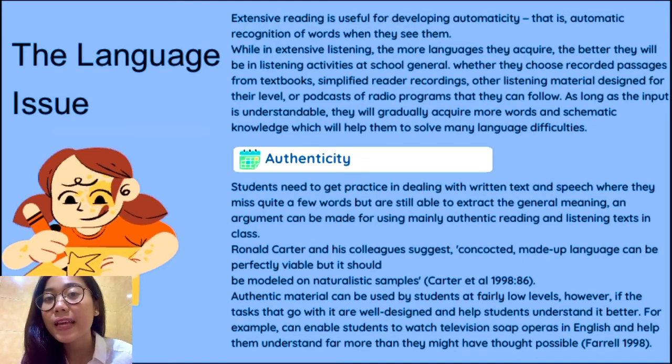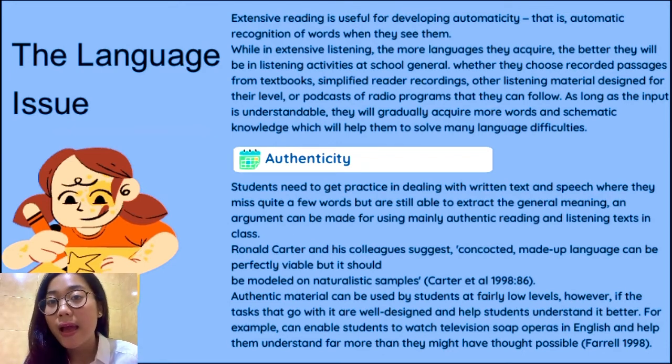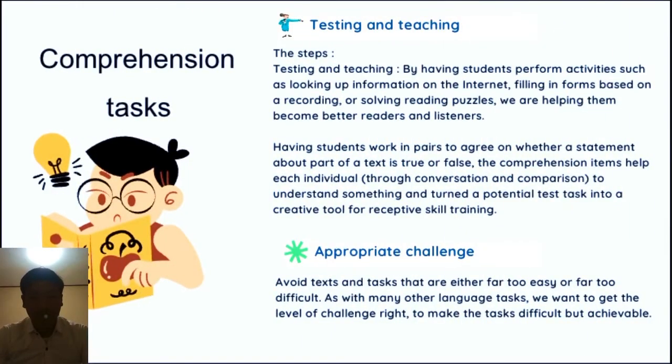Authentic material can be used by students at fairly low levels, if the tasks that go with it are well designed and help students understand it better. For example, we can enable students to watch television soap operas in English and help them understand far more than they might have thought possible. Okay, I will be continuing the presentation with my friend.